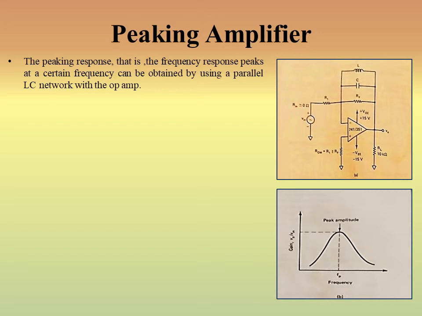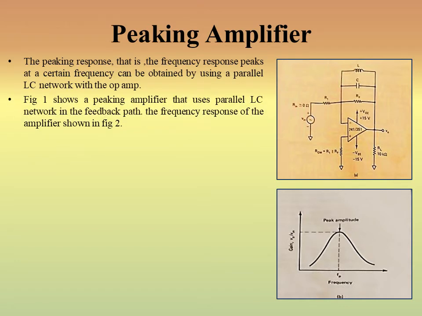So the peaking response is the frequency response that peaks at a certain frequency, and it can be obtained by using a parallel LC network with the op-amp. As you can see from the diagram, the peaking amplifier uses a parallel LC network in the feedback path, and the output is shown in the second figure.